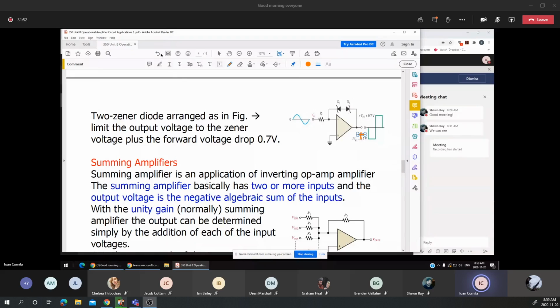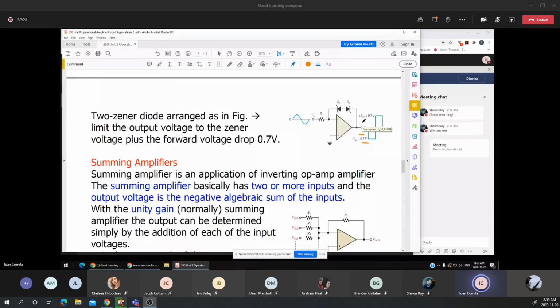If a negative voltage is applied on the output, D1 is reverse biased and D2 is forward biased, so the output voltage will be limited to one of the two Zener voltages plus the 0.7 volts due to the other diode, which will be in forward bias.